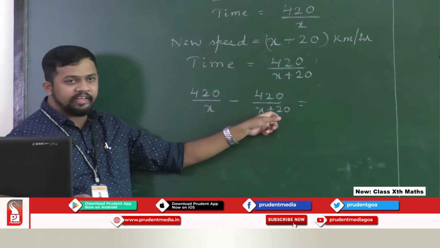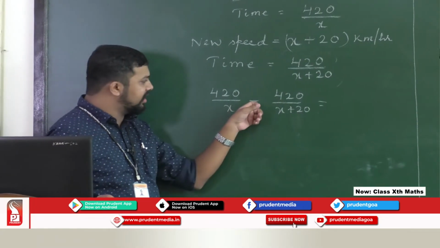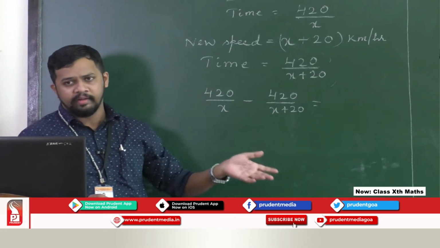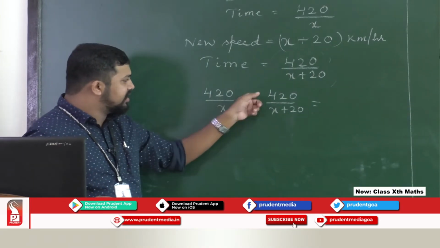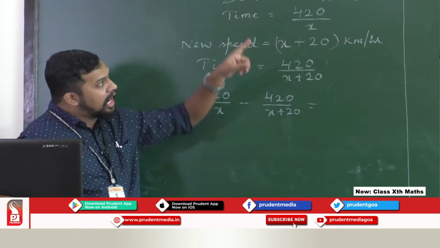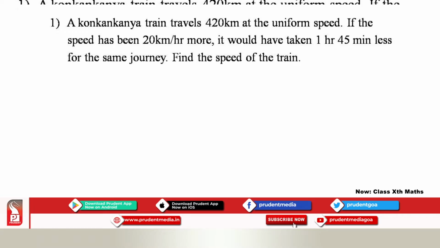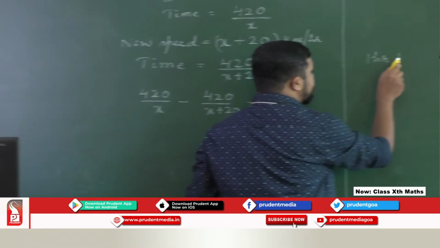Decrease means this quantity has to be negative. Remember one thing: if the middle sign is negative, the sign here has to be the opposite of that. Now by how much has it decreased? It is said that it will take 1 hour 45 minutes less, so I will write 1 hour 45 minutes here.